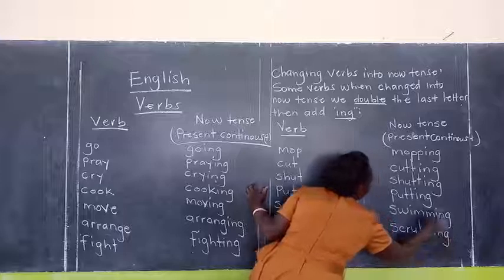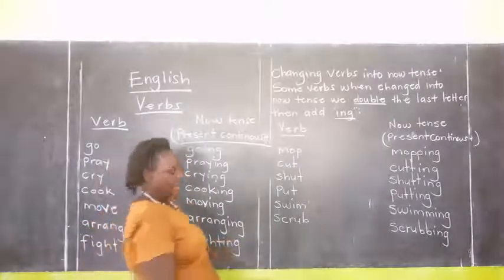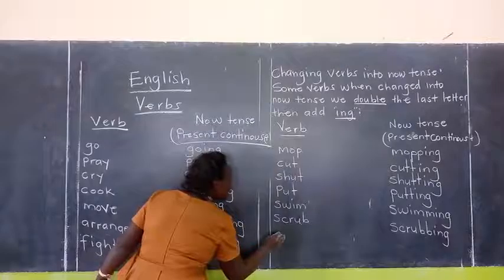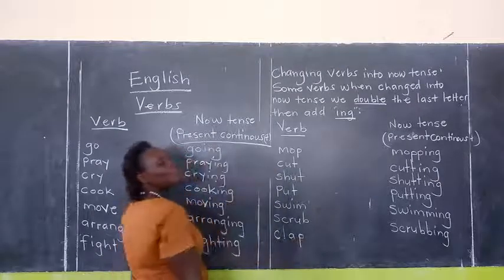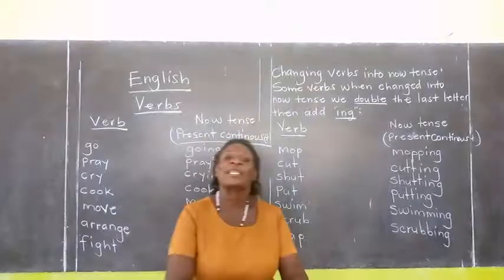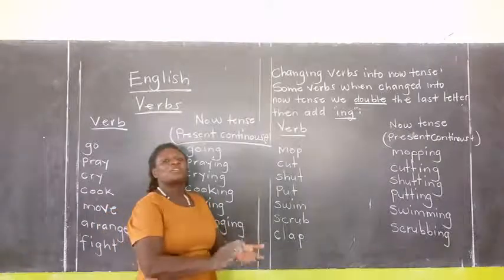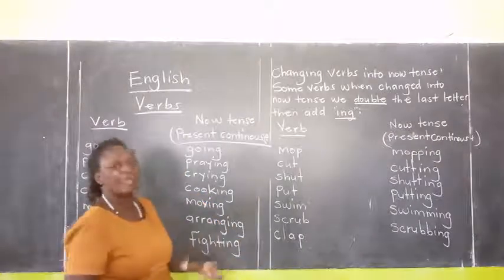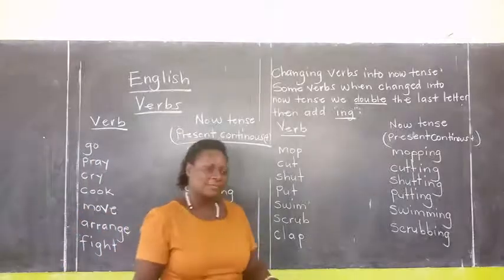Then we also have the verb clap. To clap. Always we clap for those who have done good, those who behave well. If somebody talks sense, the congregation, the audience clap.